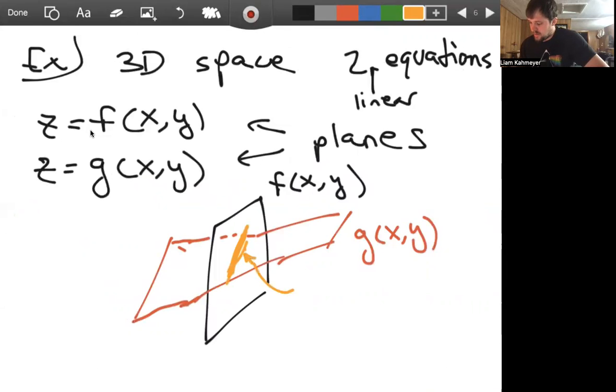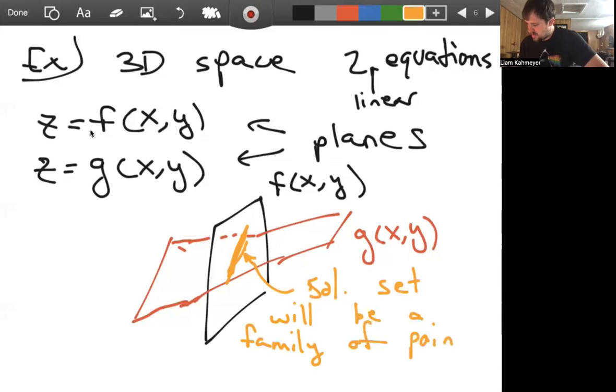So here, the solution set will be a family of points described by the equation of that line.